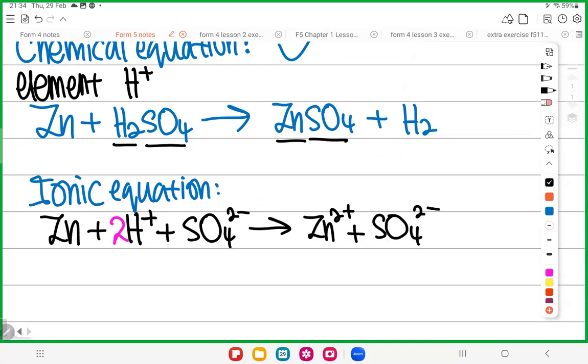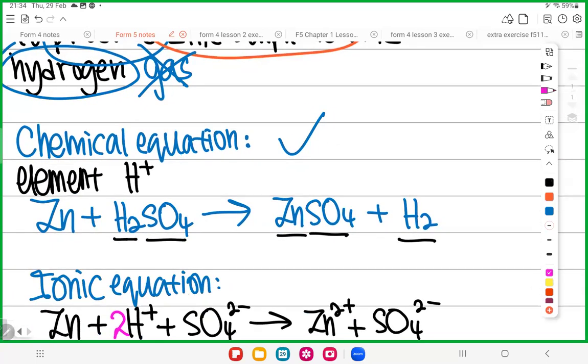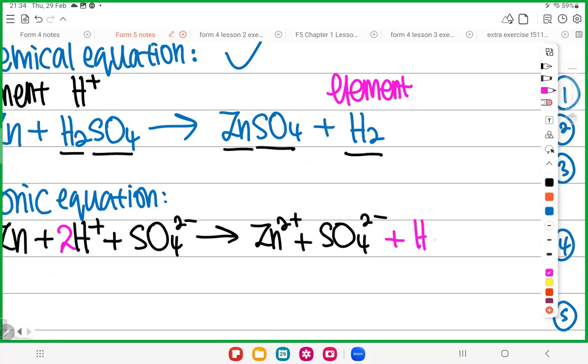The charge for hydrogen, this hydrogen comes alone. There is only H, nothing else. So this is an element, right? An element doesn't have charge, so copy back. Why you don't need to put a 2 in front? Because when you don't have the charge, just copy back only.